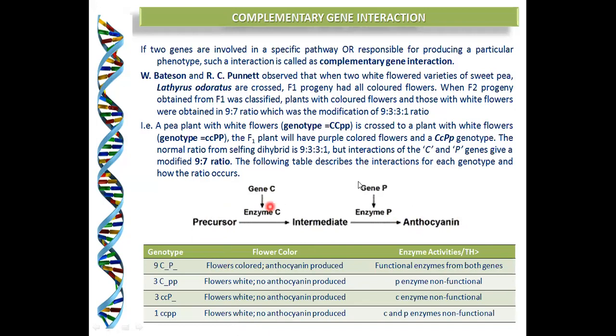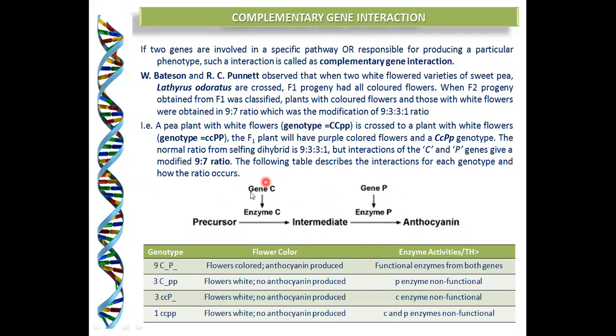In short, what is the conclusion of this slide? When capital C and capital P, meaning dominant C and dominant P, are together, then and only then you will get purple color flowers.